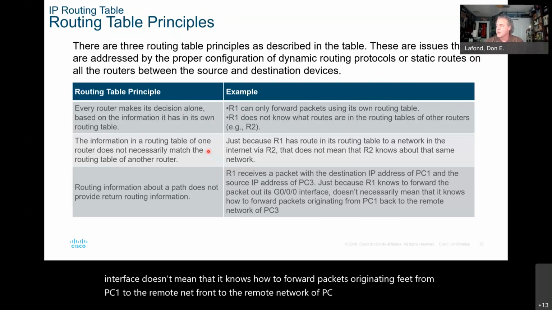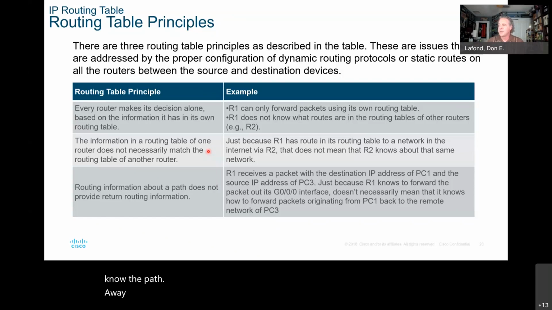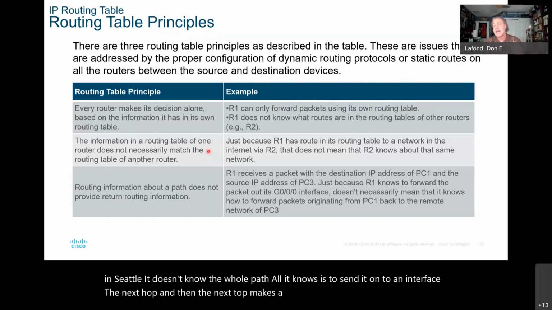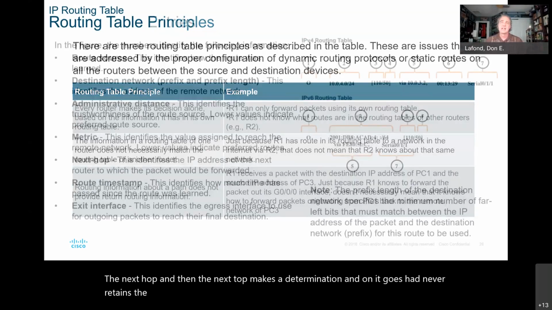It doesn't know the path all the way from PC1 to PC3, which could be in Miami and Seattle. It doesn't know the whole path. All it knows is to send it on to an interface, the next hop, and then the next hop makes a determination, and on it goes. It never retains the whole path to a destination.